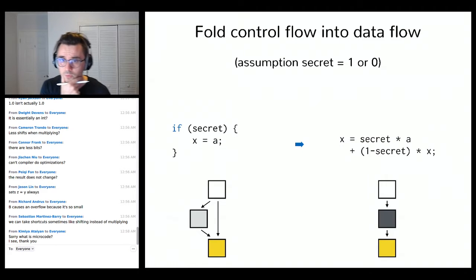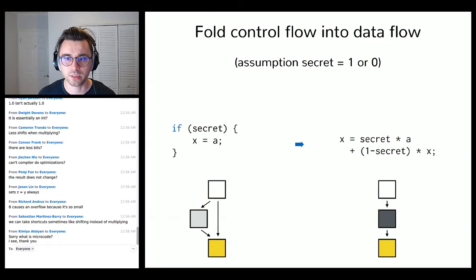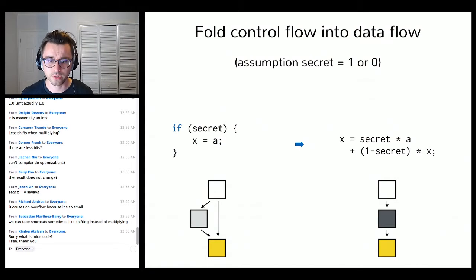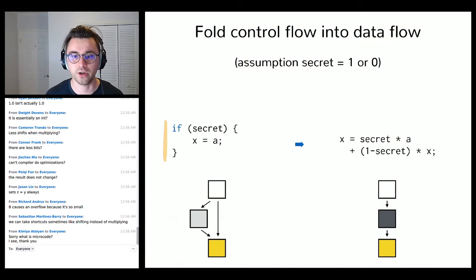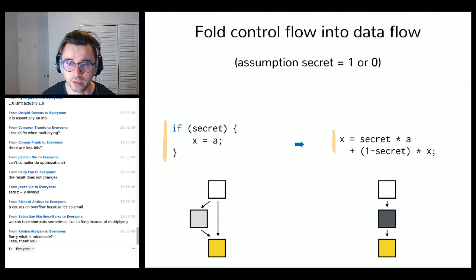We can turn a control flow construct like if into essentially a data flow construct like the one on the right here. If we're working with booleans, which are just 1s and 0s, then we can turn this if secret, x assigned a, into an arithmetic operation, which is secret times a plus 1 minus secret times x.